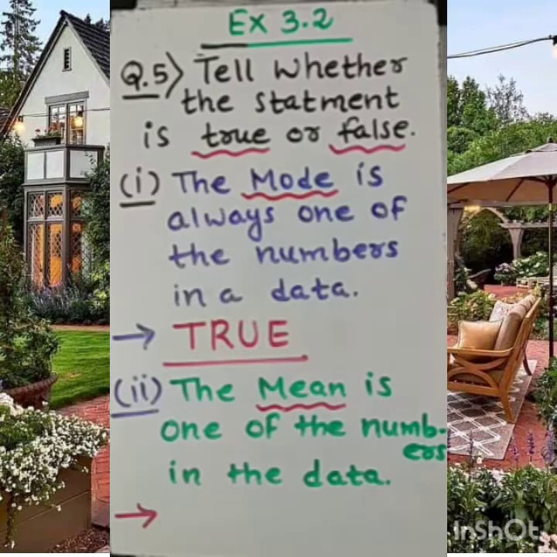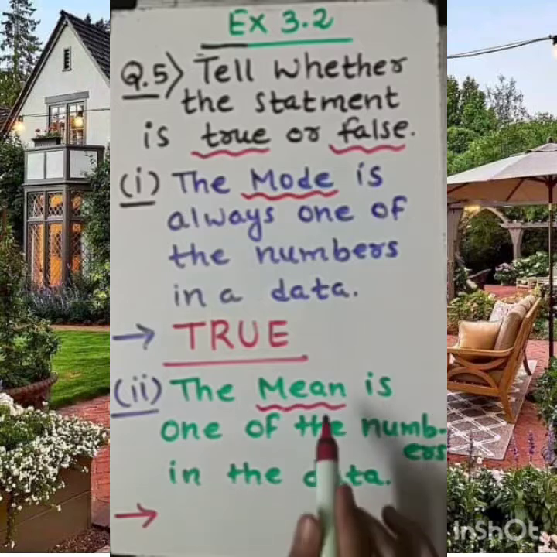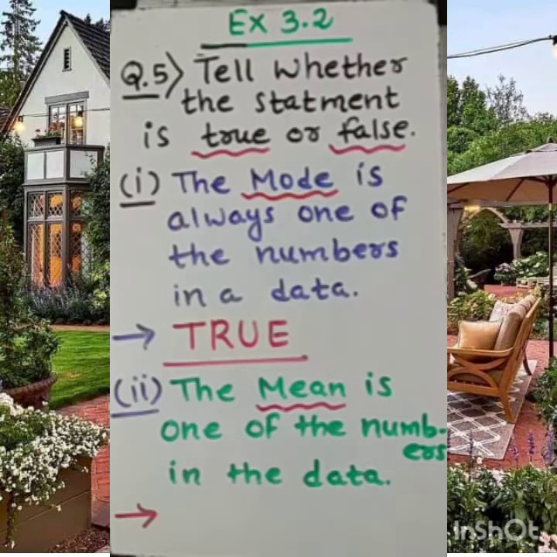It can be equal to a given observation, or it can be different than that. So for the mean there is no restriction. Mean can be any other number, except the given data. So this statement is false. So please note down, this is a false statement.